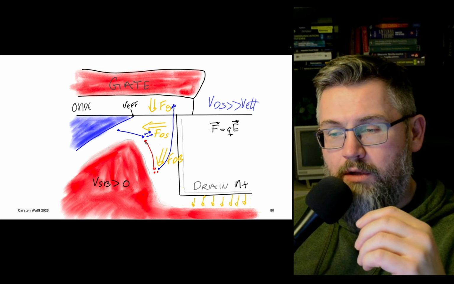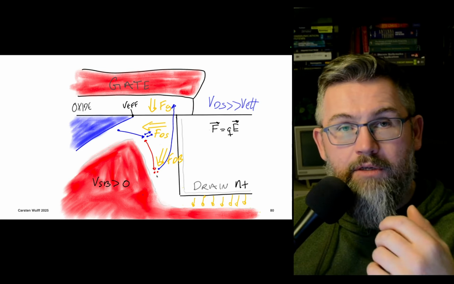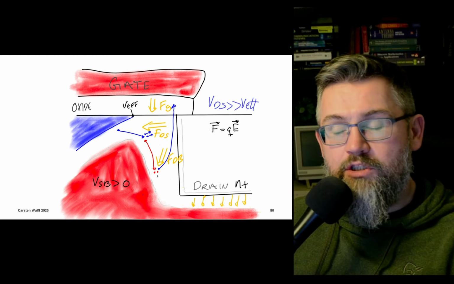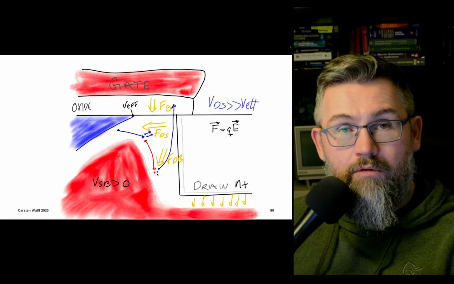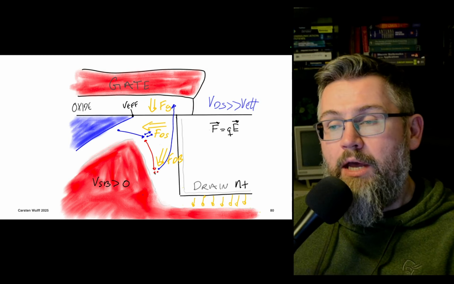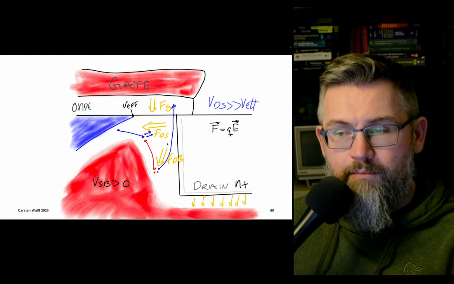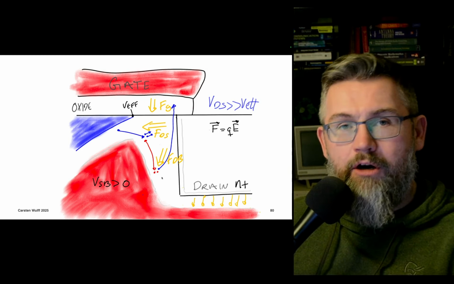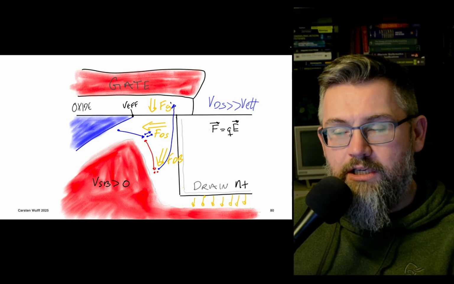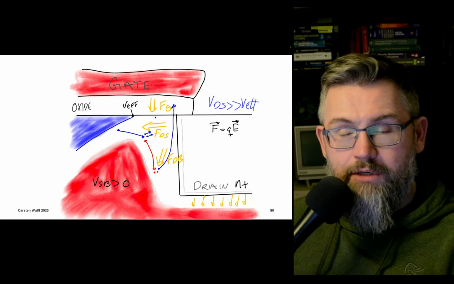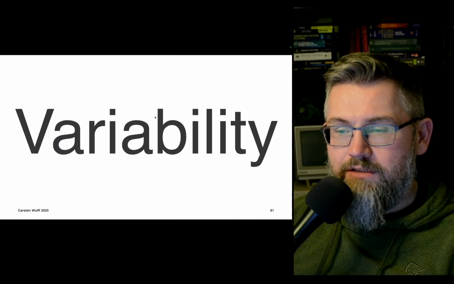The hole can accelerate down, and if it reaches impact ionization energies, it can knock out a bound electron. That electron will see a very high electric field, and you can get injection into the gate again and degradation of the transistor's performance.